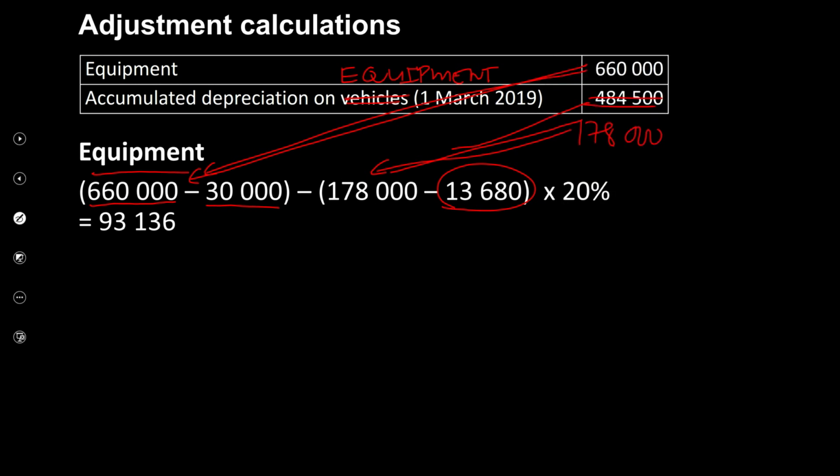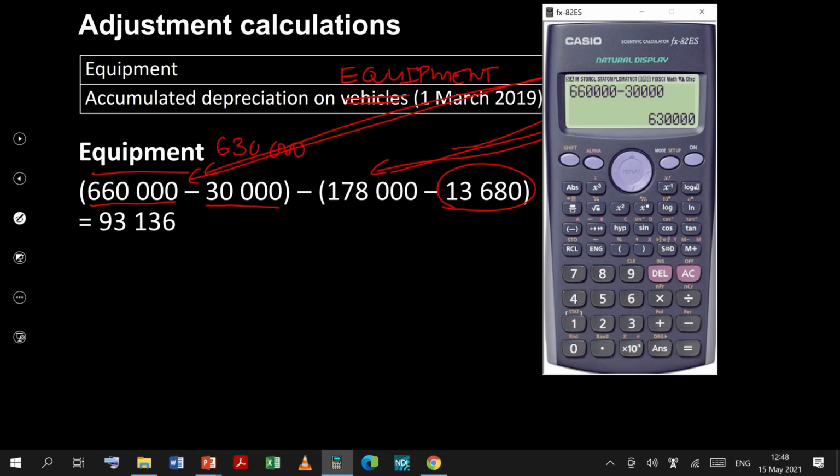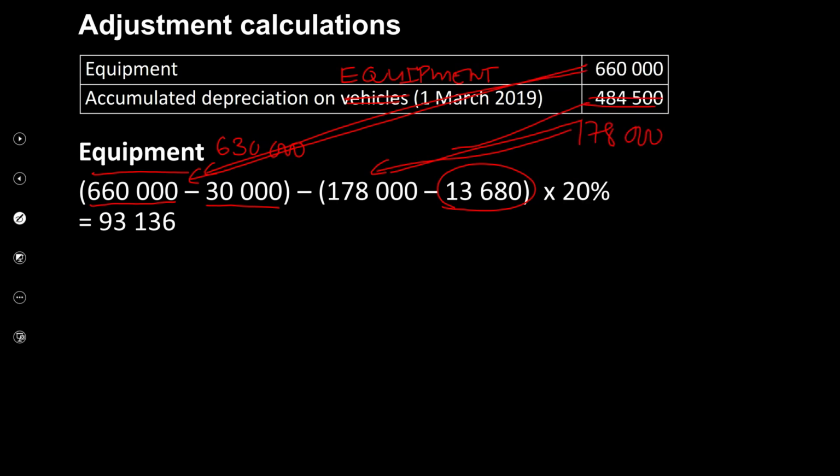Now, your 178,000 was the opening balance, 178,000 minus 13,680, and the figure there is 164,320.